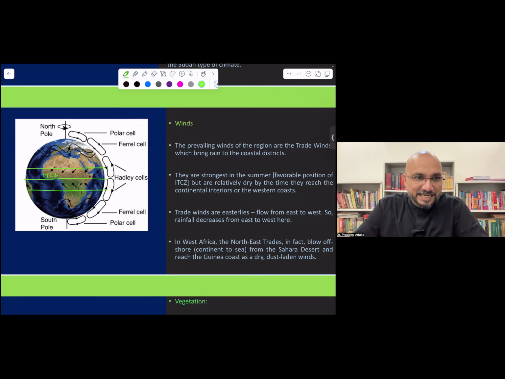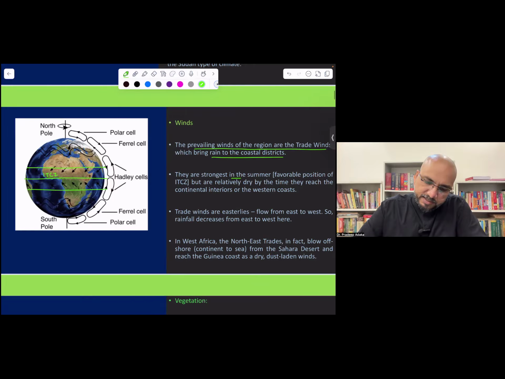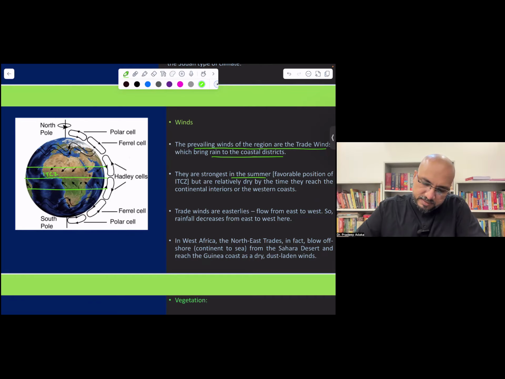So here the easterlies are the main winds. Trade winds. So the prevailing winds of the region are the trade winds. They bring rain to the coastal districts, right? The winds are blowing from east to west. They are strongest in the summer, but they are relatively dry by the time they reach the continental interiors or the western coast.